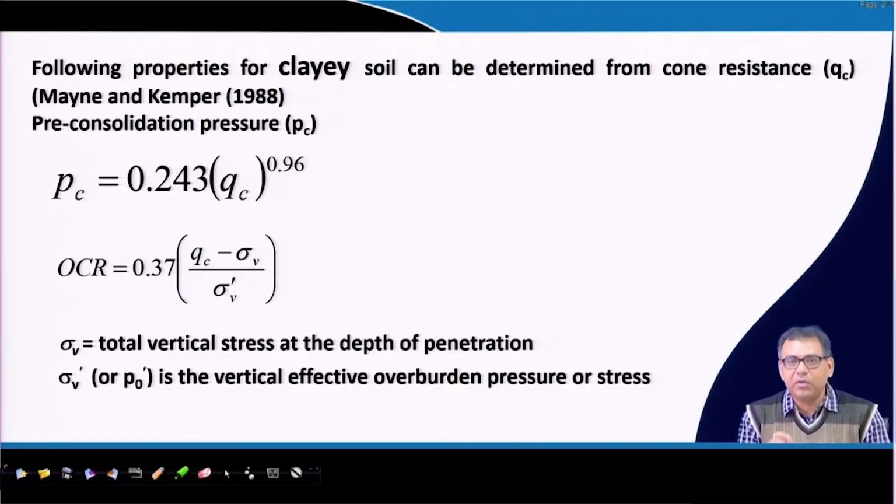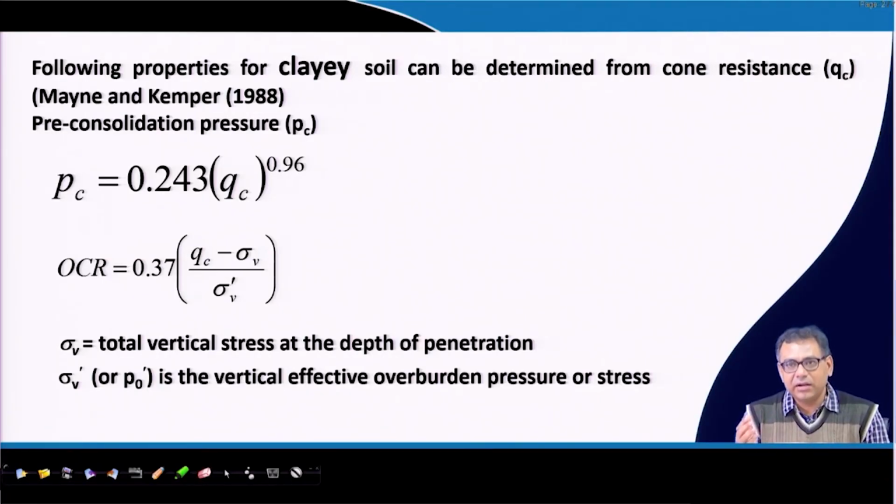Now, if your current stress is more than PC, then we can say the soil is normally consolidated. That means the current stress the soil is experiencing is more than the stress it has already experienced. That stress is PC.